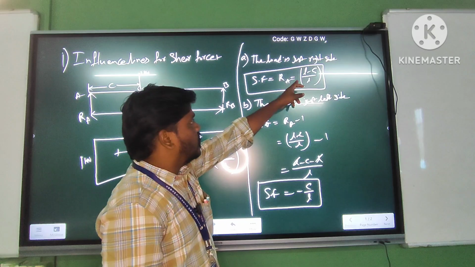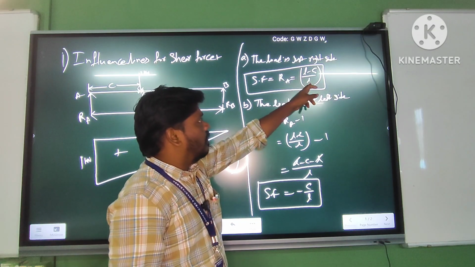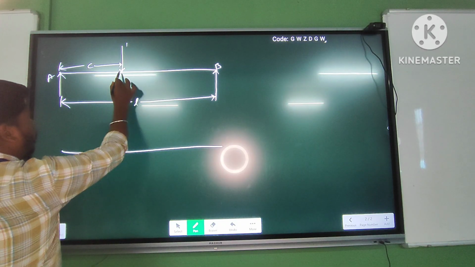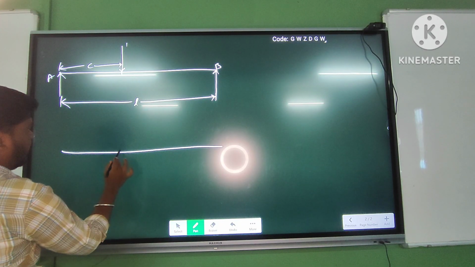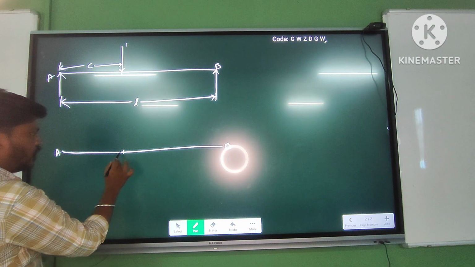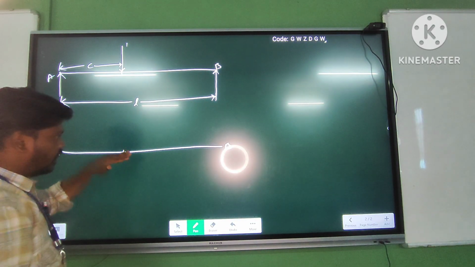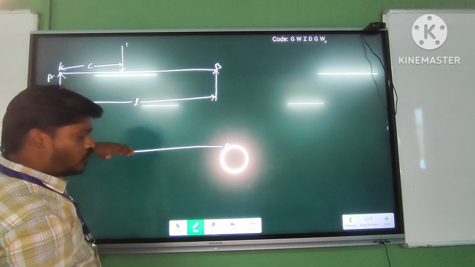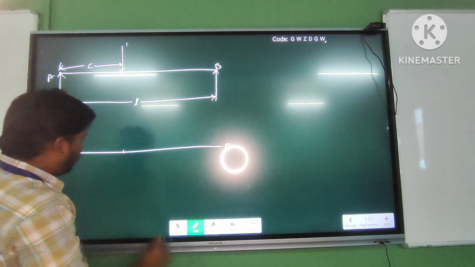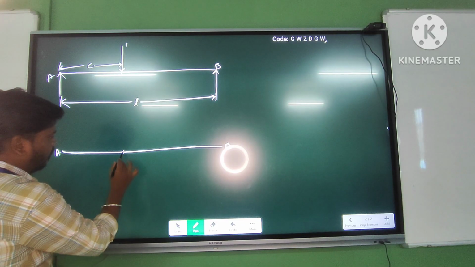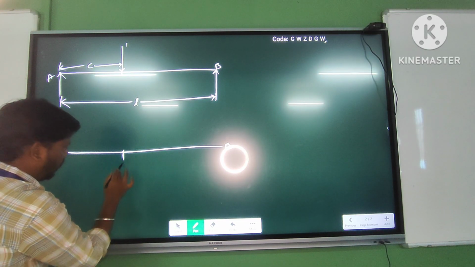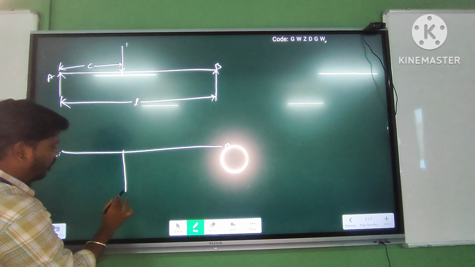It is 1 minus C by L, that is positive. In the influence lines topic, the negative zone is always represented at the top of the beam and the positive zone at the bottom of the beam. Likewise, here L minus C by L will be shown at the bottom of the beam.